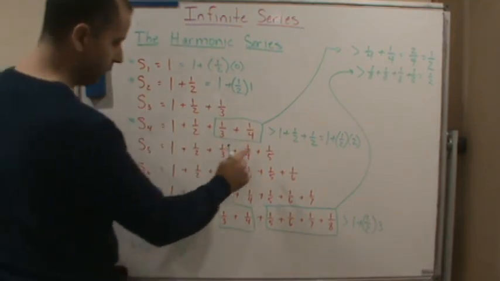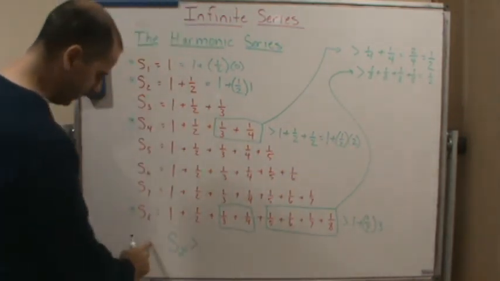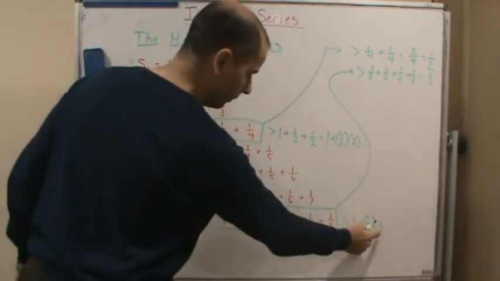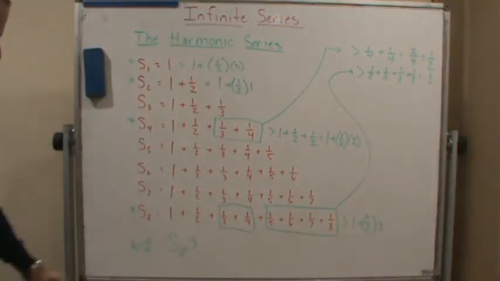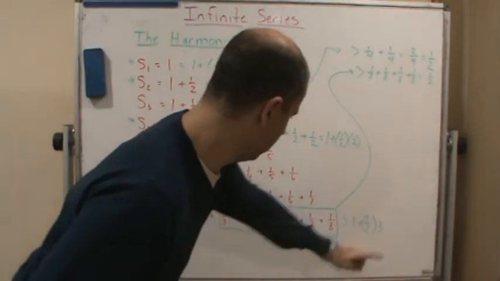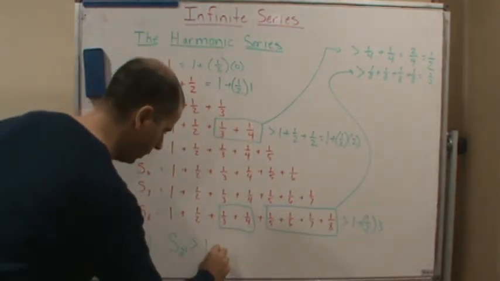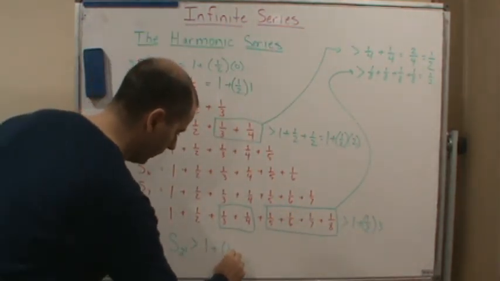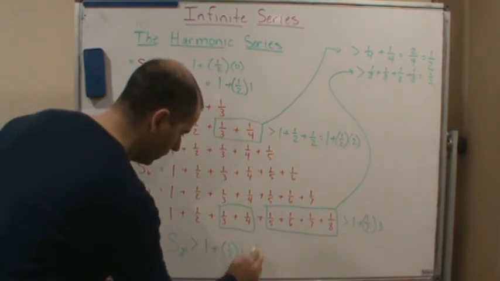If j is 3, we get 8. So our formula on the right-hand side is going to be 1 plus 1/2 times j.